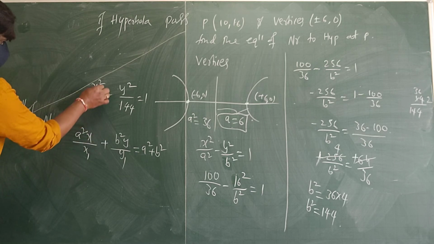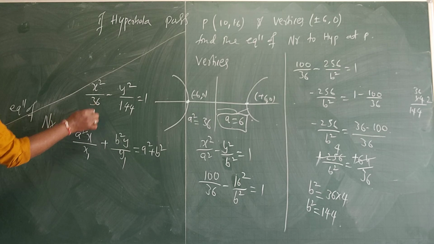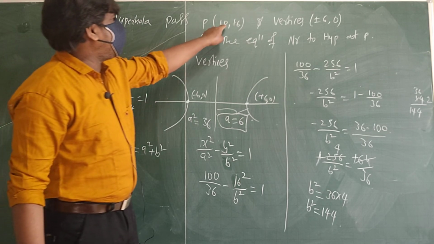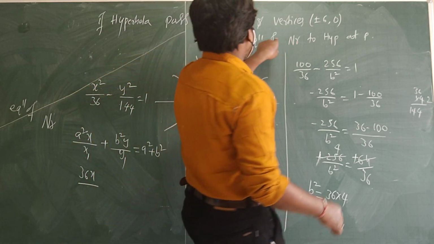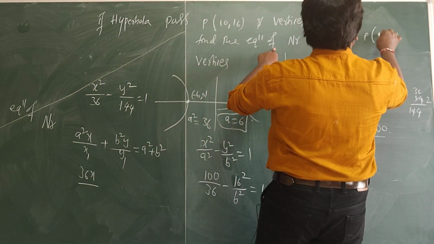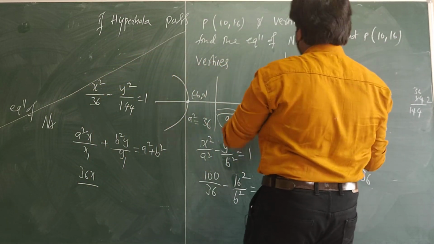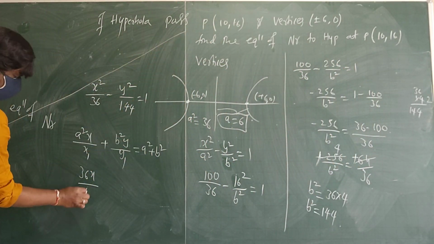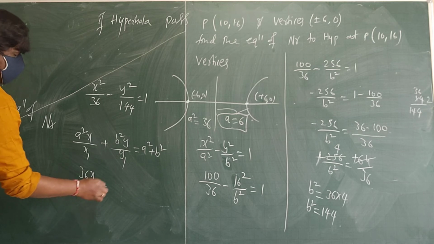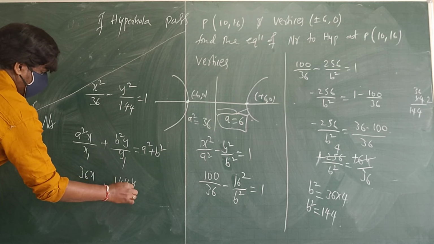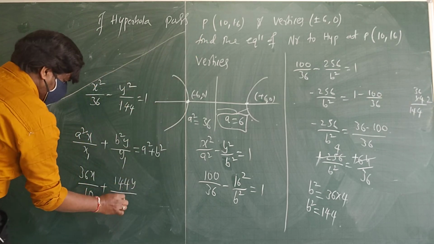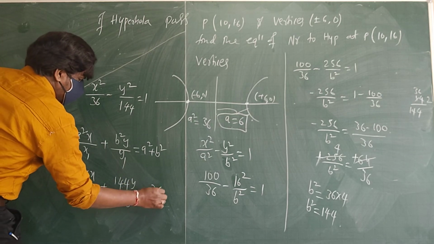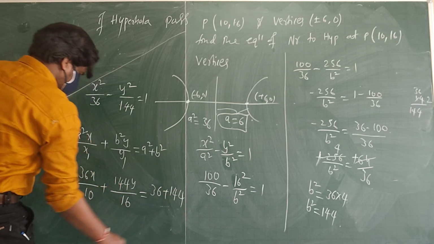So according to this, a square is 36. It is asking at point (10, 16), the equation of the normal at P. Means x1 will be 10, plus b square 144, y by y1 which is 16, is equal to a square plus b square, so 36 plus 144.